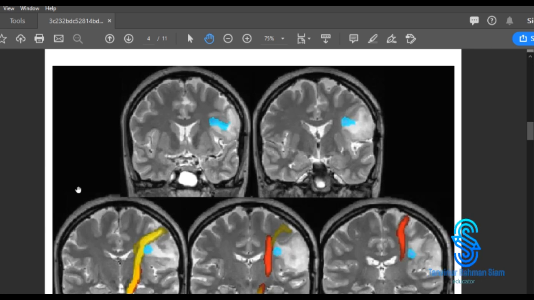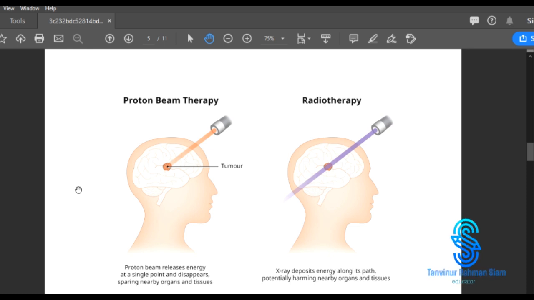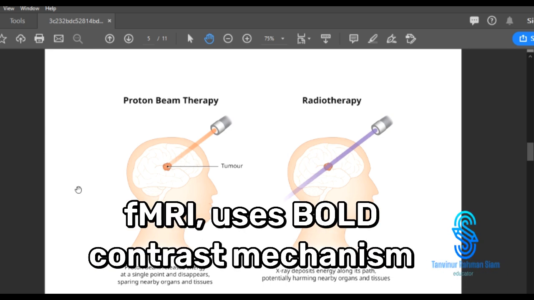And this is the image of traditional MRI, where we use radio waves. In fMRI we use the BOLD contrast mechanism.